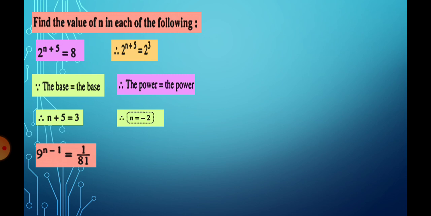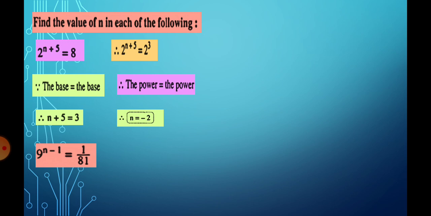Another example, 9 to the power n minus 1 equals 1 over 81. Here the base on the left hand side is 9, and the number on the right hand side is 1 over 81. We change 1 over 81 to the form 9 to the power. We know 81 means 9 times 9, so we put 81 equal 9 to the power 2.